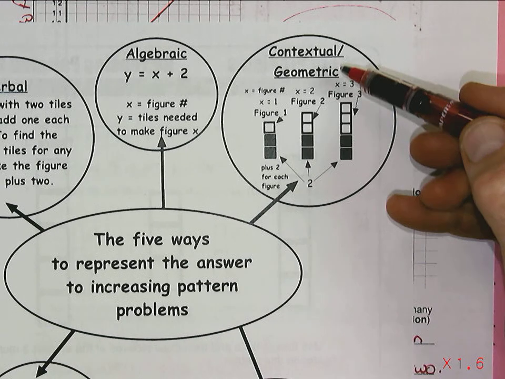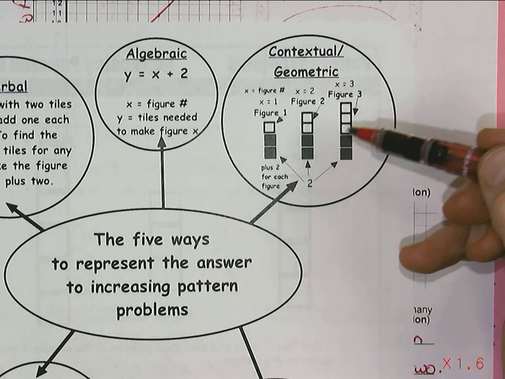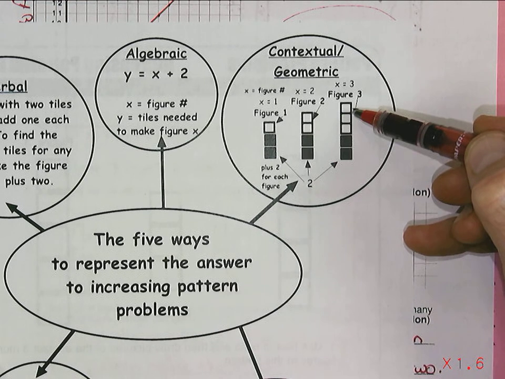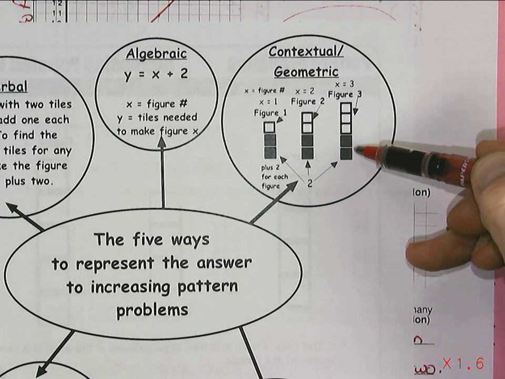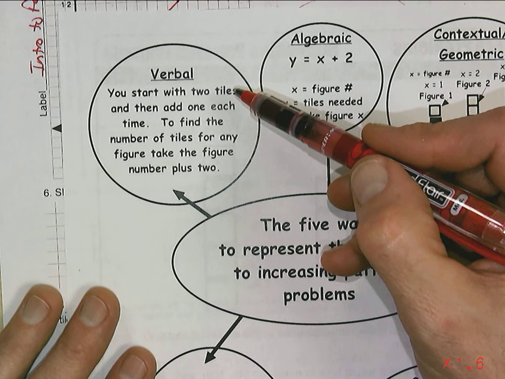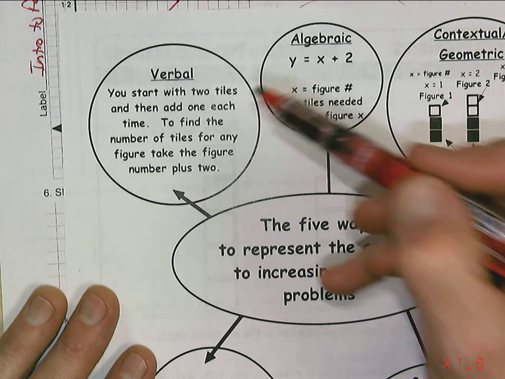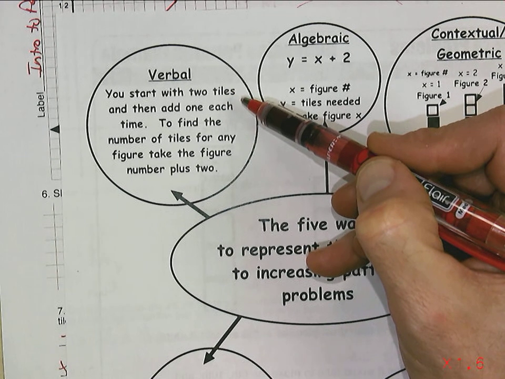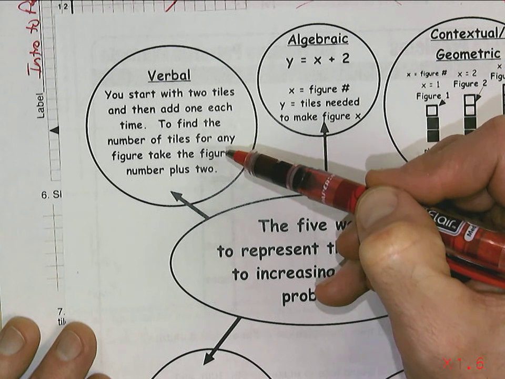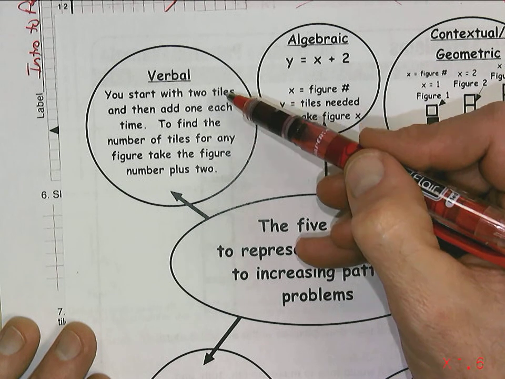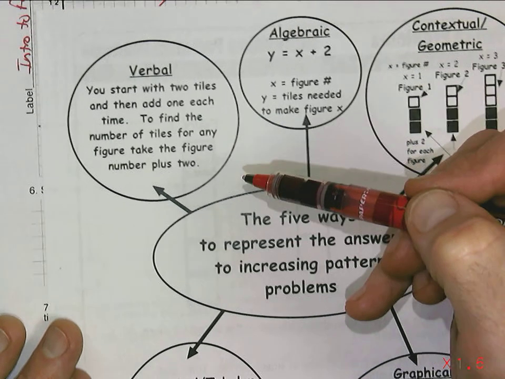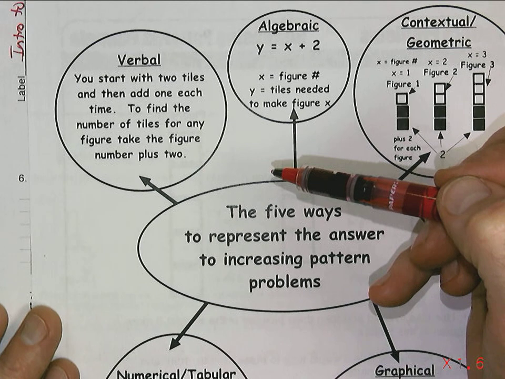We have a geometric or contextual representation where we have our figure number plus 2, our figure number plus 2, our figure number plus 2. And we have our verbal representation, which can be written in many different ways. In this case, I wrote it, you start with 2 tiles and then add 1 each time. So to find the number of tiles for any figure, you take the figure number plus 2. So a little bit more extensive description. But again, 5 ways of representing an increasing pattern.